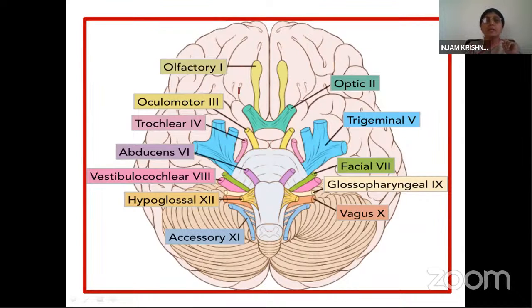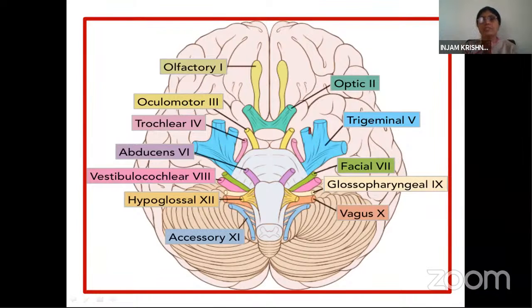See, this is the brain, right half and left half. These nerves are arising from the brain, or some nerves reach to the brain. You know that sensory nerves reach to the brain. Sensory nerves arise from the sensory part and reach to the brain.